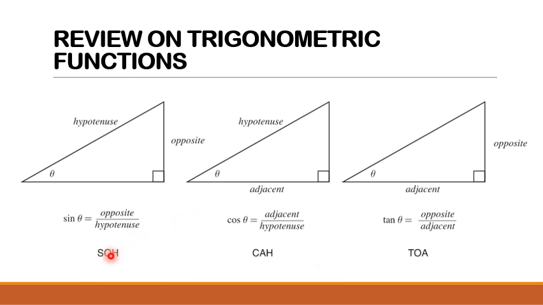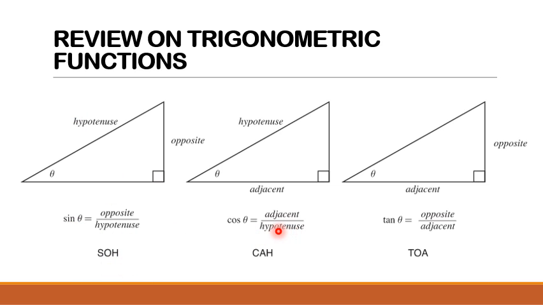So SOH: sine theta is equal to the opposite over the hypotenuse of the angle. This is only true for a right triangle. So this is the right triangle with 90 degrees and the angle is here. Opposite over the hypotenuse, that's the sine theta.